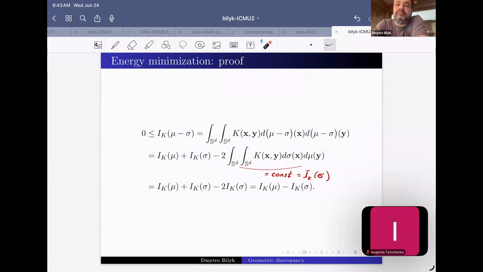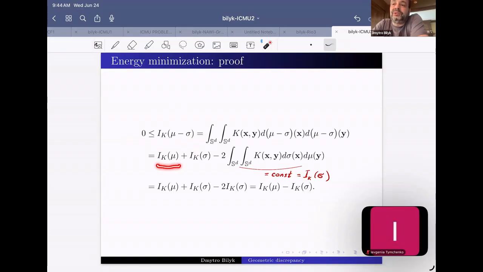I write out what it is, which is just the definition. It's a quadratic form with respect to the measure, so I expand it, more or less using the identity (a minus b) squared equals a squared plus b squared minus 2ab.